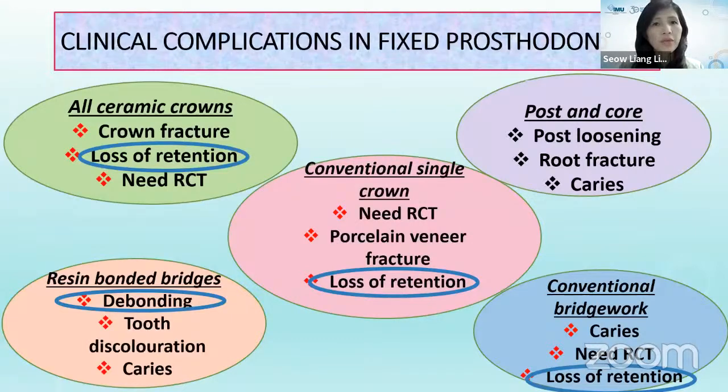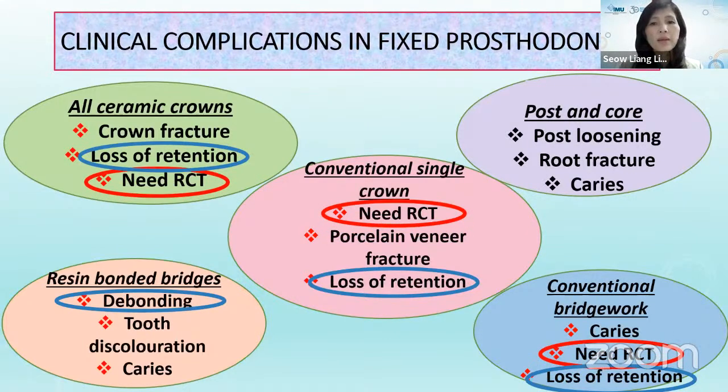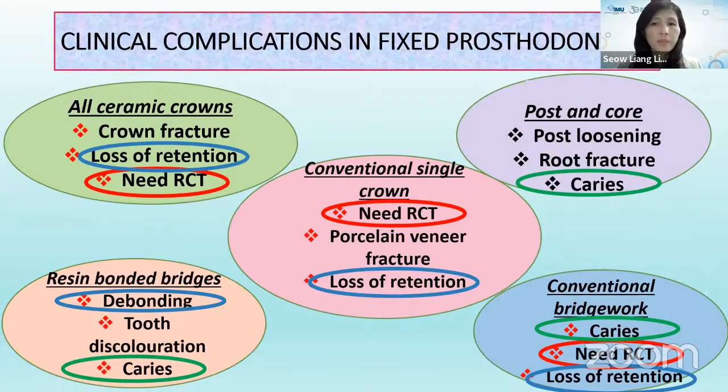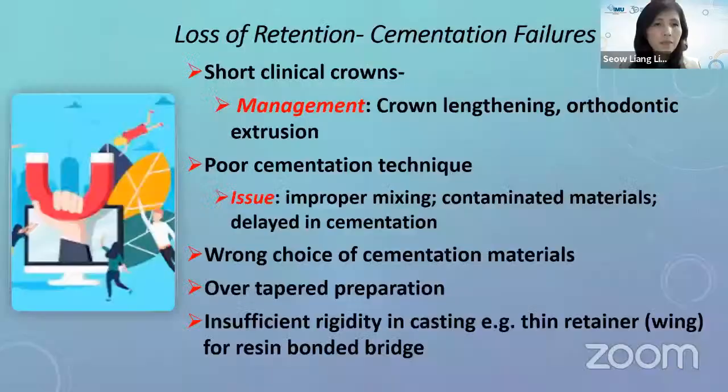So that's why loss of retention is one of the core failure, followed by needing RCT, i.e. there is secondary caries that happen underneath the crowns and bridges, which we still see quite a lot nowadays if encountered in the clinical situation.